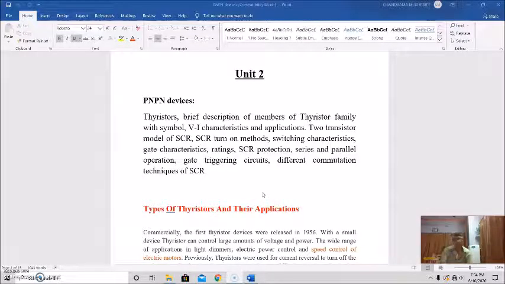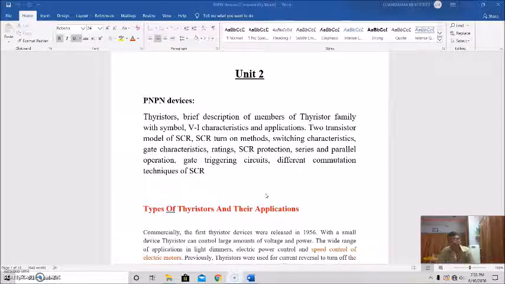So, in this unit, we will discuss thyristors: a brief description of members of the thyristor family with symbols, SCR, VI characteristics and applications, two-transistor model of SCR, SCR turn-on methods, switching characteristics, gate characteristics, SCR ratings, SCR protection, series and parallel operation of SCR, gate triggering circuits, and different commutation techniques of SCR.